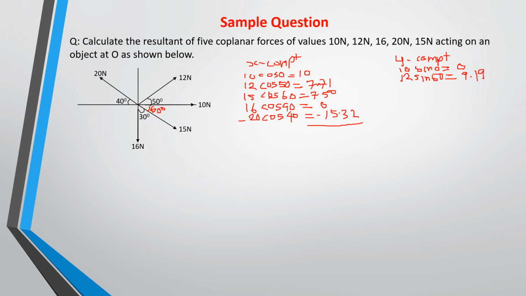The other one is minus 15 sine 60. Minus 15 sine 60 gives you minus 12.99.